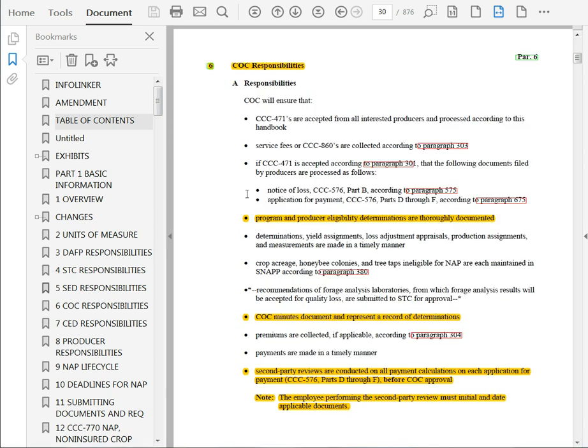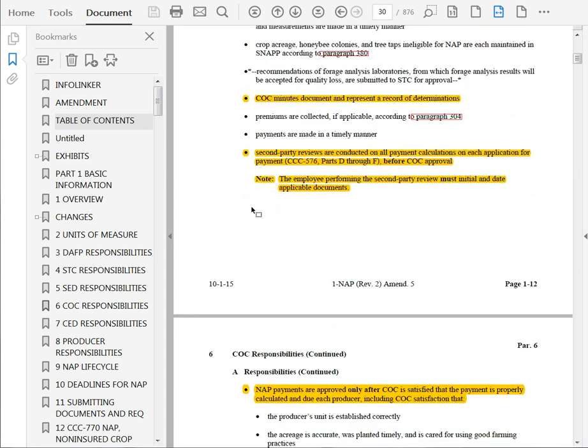Paragraph 6 outlines the COC's responsibilities. First and foremost, the COC is responsible for ensuring that the program is administered fairly to all producers and with the full integrity of the program itself being upheld. The COC is also responsible for ensuring that all determinations related to specific applications are thoroughly documented in COC minutes.